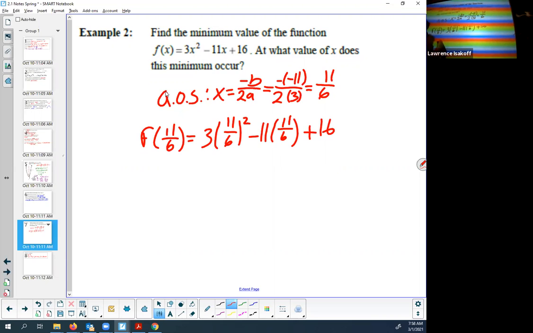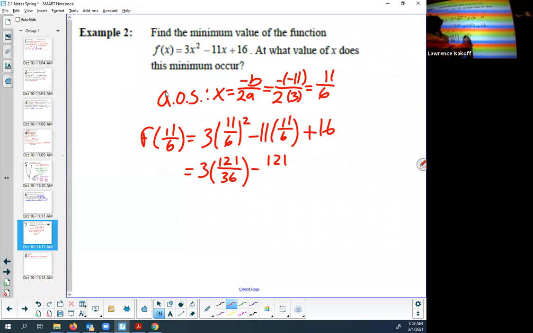Let's see. 11 squared is 121. So 3 times 121 over 36, minus 121 over 6, plus 16.